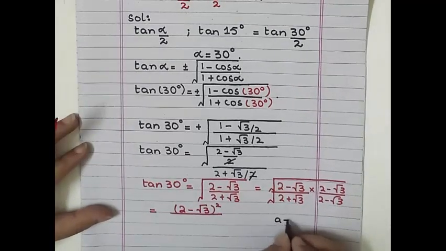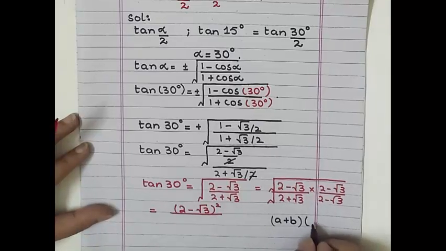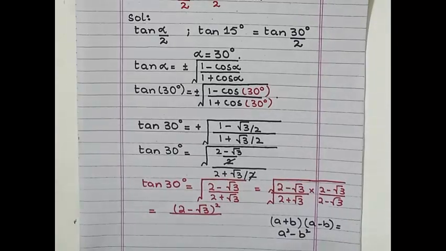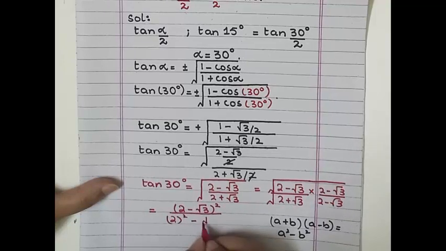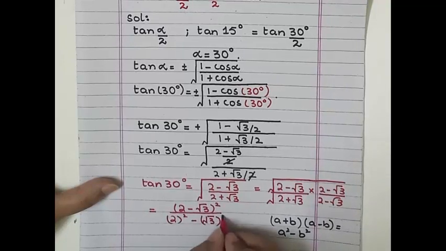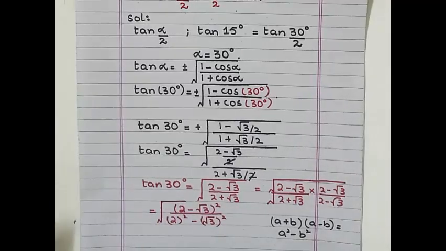It means this is a plus b into a minus b, which is equal to a square minus b square. So writing 2 square minus root 3 square, all under the root sign.